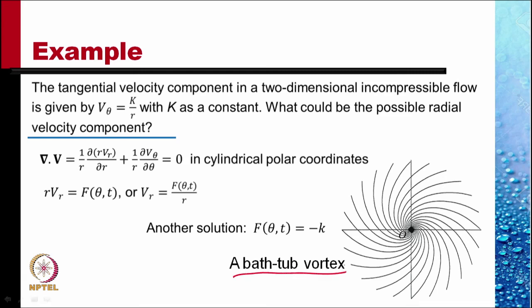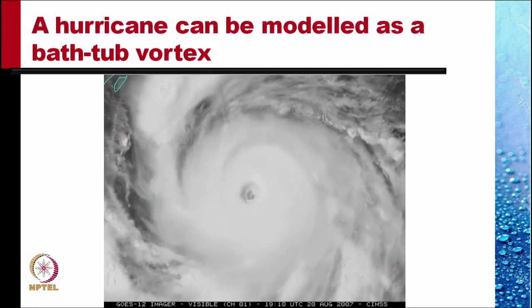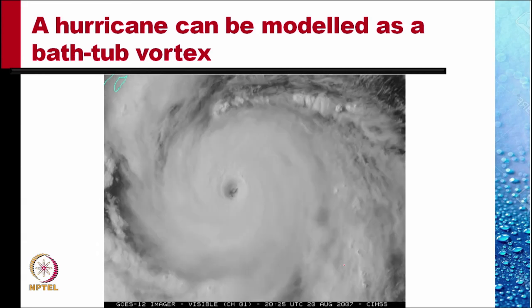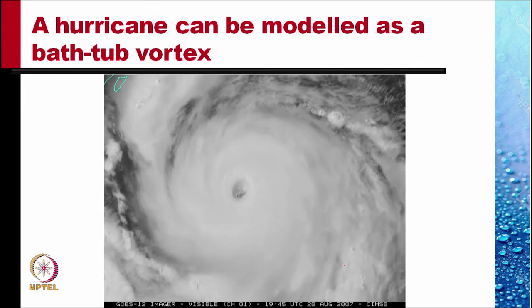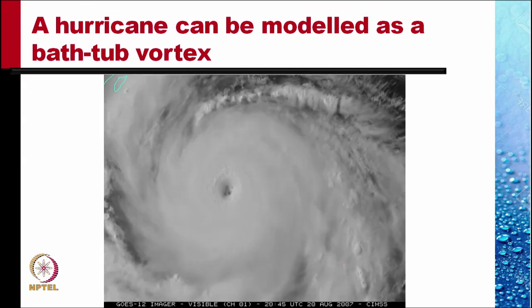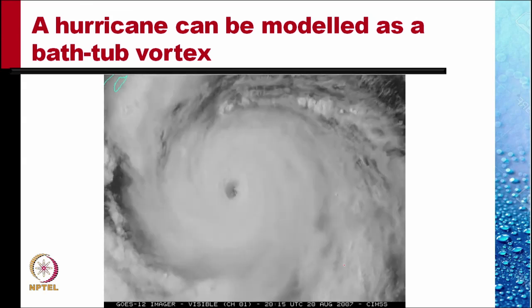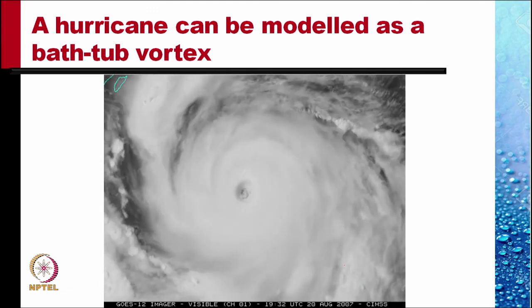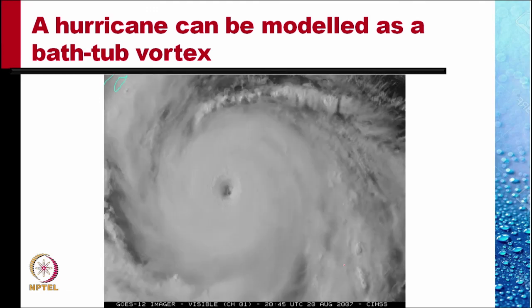A vortex that you see in a bathtub, or when you pull out the plug in a sink and the water goes around in circles and is sucked in, is called a bathtub vortex. An example of a bathtub vortex is a hurricane. A hurricane can be modeled as a bathtub vortex. The fluid is moving circularly and there is a component of velocity towards the center of the hurricane.